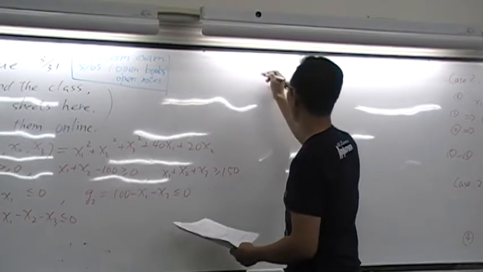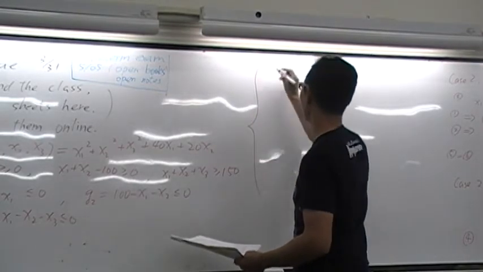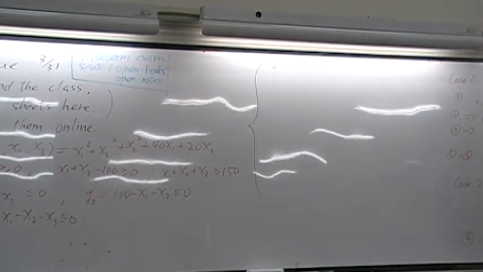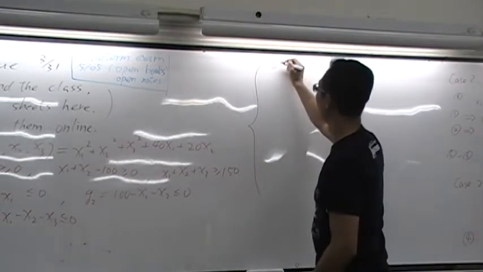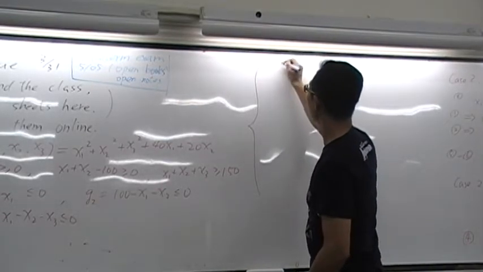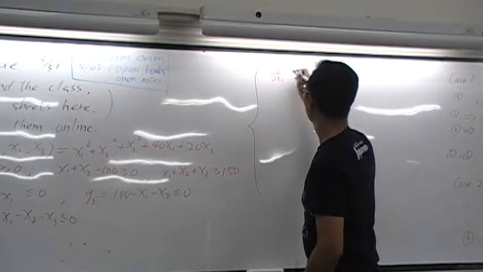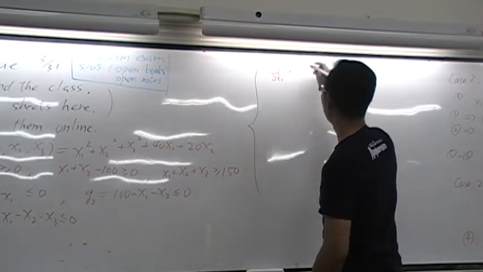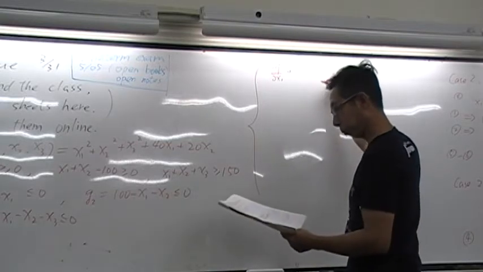Okay, so a lot of conditions. First of all, we take the partial derivative with respect to xi. Over here, there are 3 constraints.